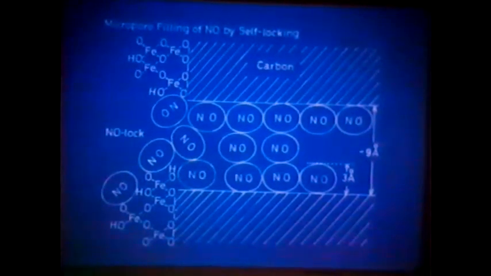I think you've given a very interesting explanation, but I think that you need more evidence to support it, because it is still open to question as to whether the nitric oxide adsorption itself is not taking place by chemisorption. I'm inclined to doubt your explanation.